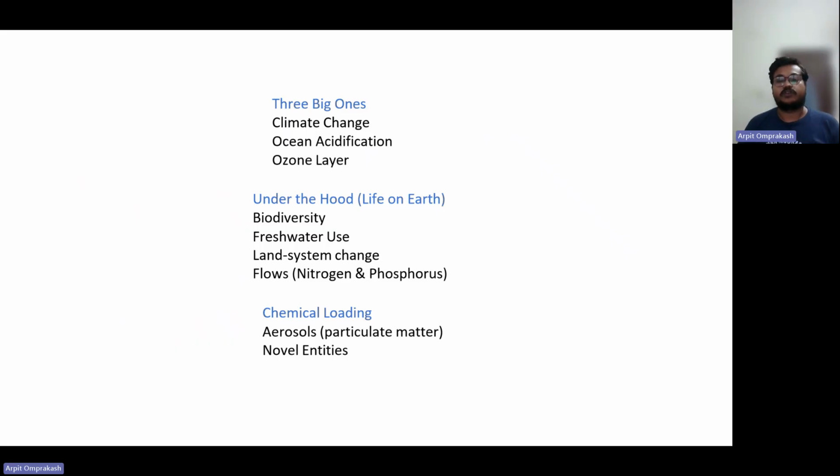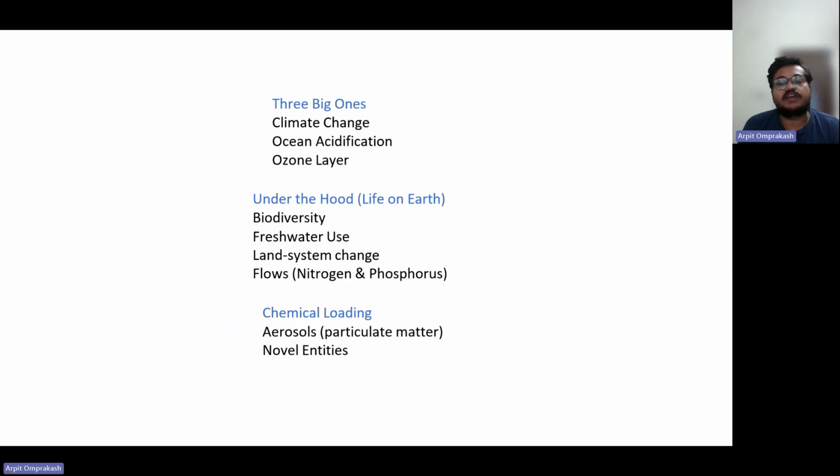Then freshwater use, how much water we are using, land system change, and all the different carbon, nitrogen, phosphorus cycles. They support life on Earth, and that's why these are known as under the hood processes.